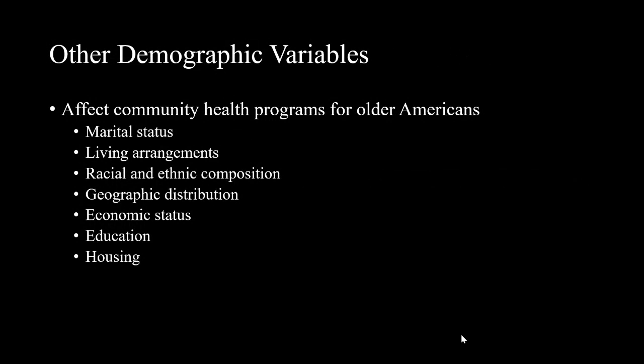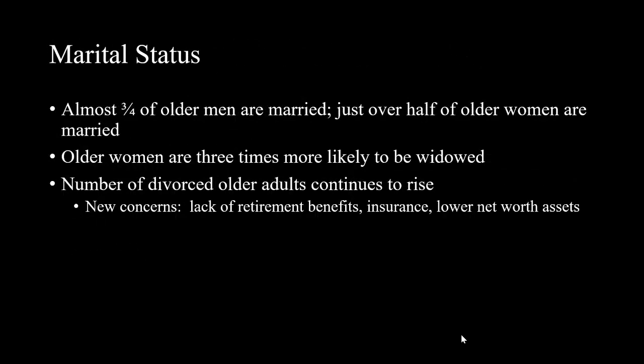So when we think about other community health programs for older adults, we have to consider marital status, living arrangements, racial and ethnic compositions, geographic distributions, economic status, education, and housing for our older adults. About 3/4 of older men are married, and just a little over half of older women are married.